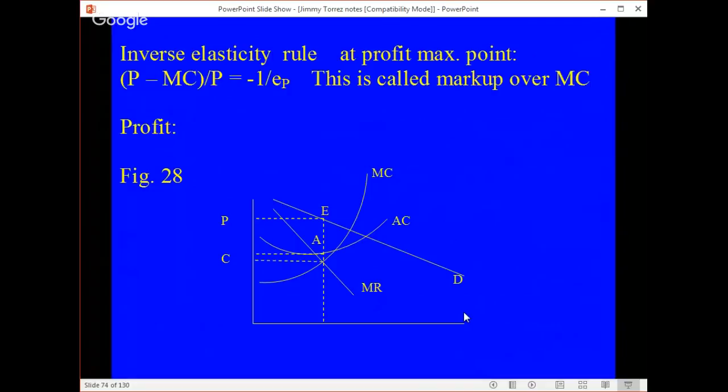So how much above marginal cost the price is depends on how elastic the demand curve is. The more inelastic, the higher the price can be above marginal cost, or the higher the markup can be.